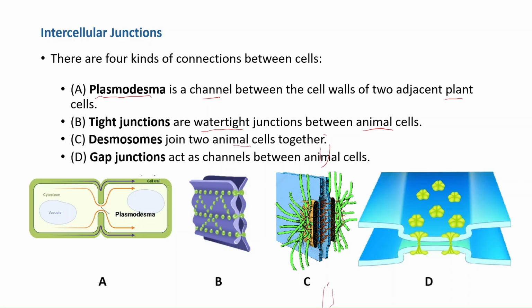Finally, gap junctions, they appear also in animal cells whenever you need a channel. You see, you have this channel surrounded by proteins, and this flower-like structure is made up of several subunits, and they can open and close the channel. You need this when you need very quick communication between two animal cells, like the muscle in your heart.